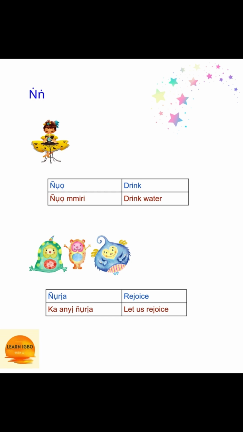We don't have this letter in the English alphabet. We only have N. In the Igbo alphabet, the letter N has variations. There are three variations of the letter N, and this is the first one.